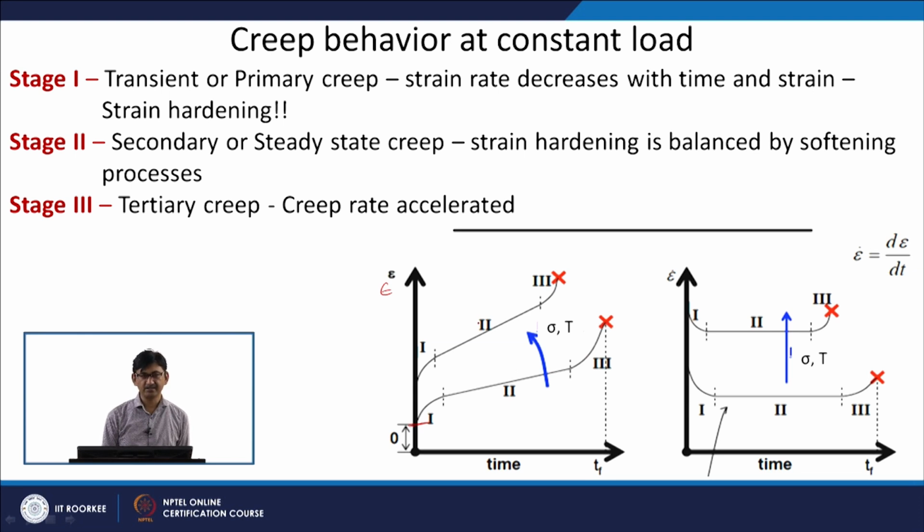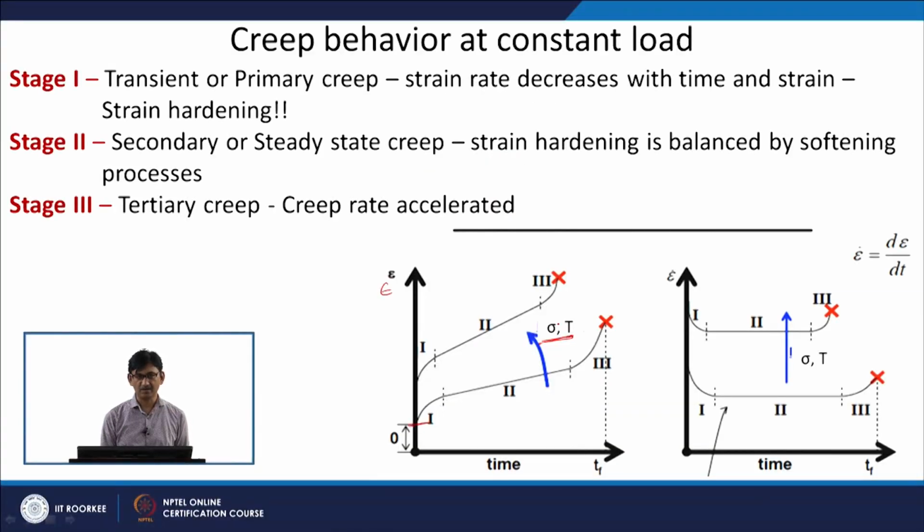If I increase the stress or temperature, in both cases, the whole of this deformation curve will shift to higher strain. So, if I increase the stress on the system or increase the temperature of the system, you will have more strain at 0 time, and the slope of this linear curve is also more than the previous one.